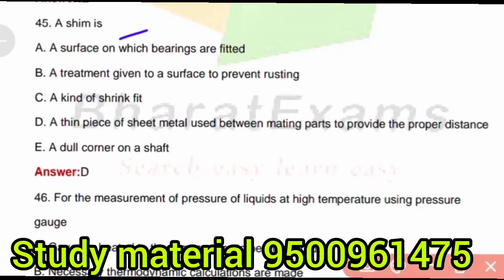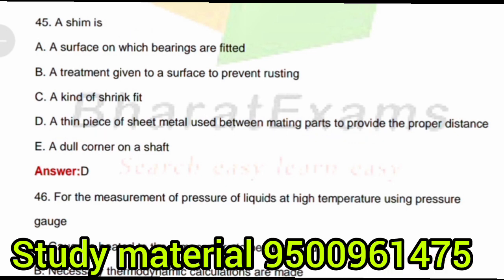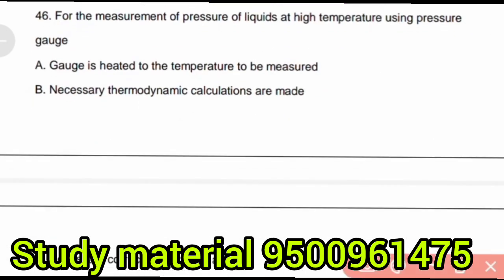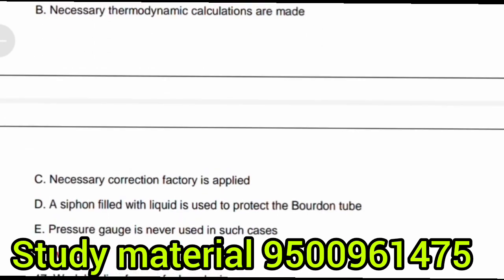A shim is a thin piece of sheet metal used between mating parts to provide the proper distance.